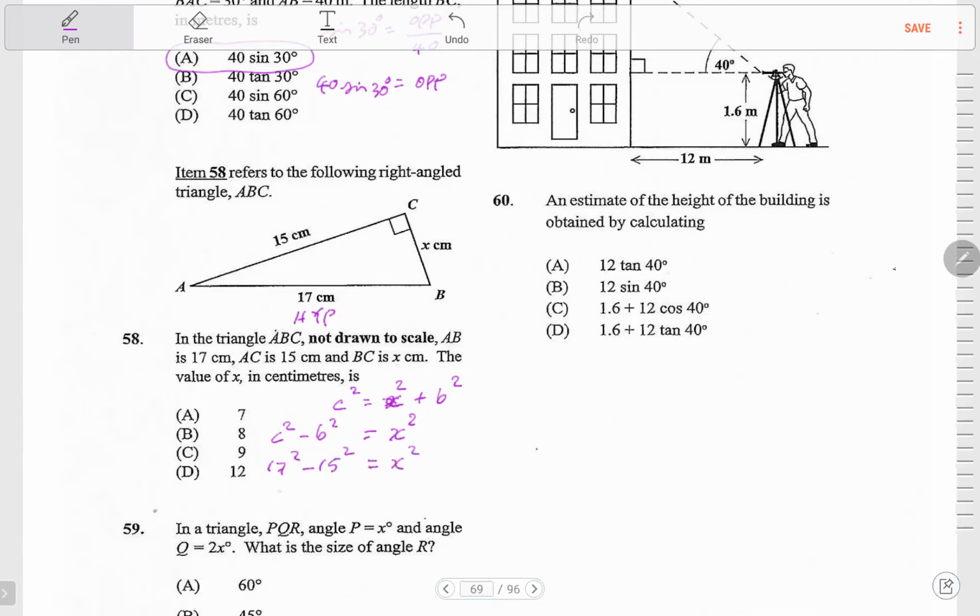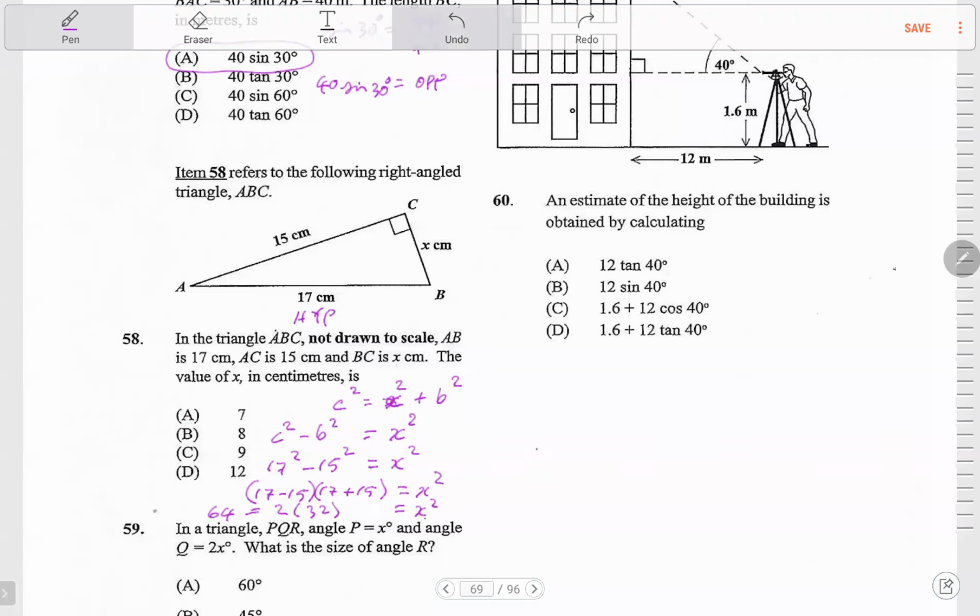Treat it as the difference of two squares: 17 minus 15 times 17 plus 15. So it becomes 2 times 32, which equals x squared. And 2 times 32 equals 64. So to find x, it is the square root of 64, which is 8.